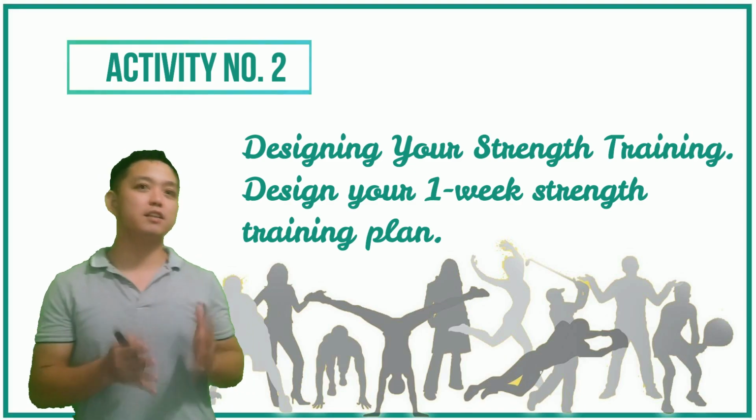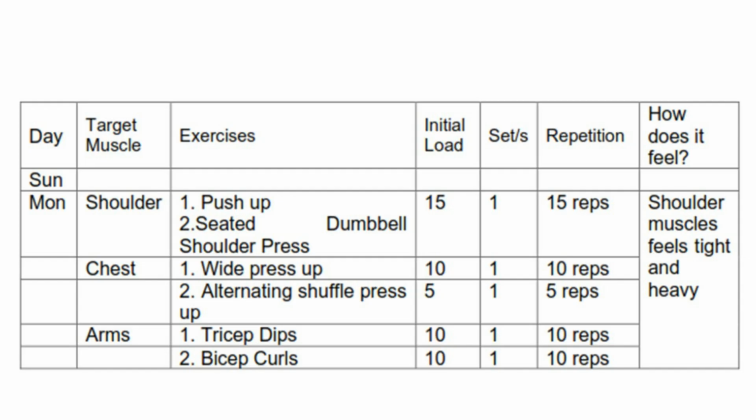So as you can see in the table, we have 7 columns. First column is the day, then target muscles, followed by the exercises, initial load, set, repetitions, and your feeling after you perform the activity.